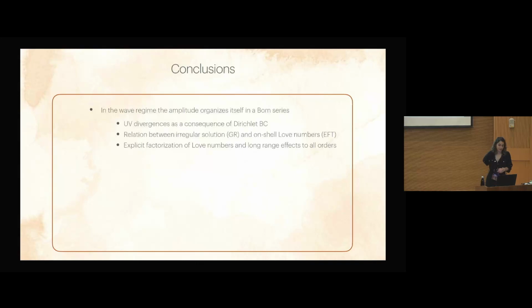We found this direct relation between the regular solution that is turned on by the Love number potential and the on-shell Love numbers. We also saw this explicit factorization between the short distance and long range effects, at all orders. This allows us to fix all the Love numbers up to G to the 5, but in principle we can go higher, sorry.